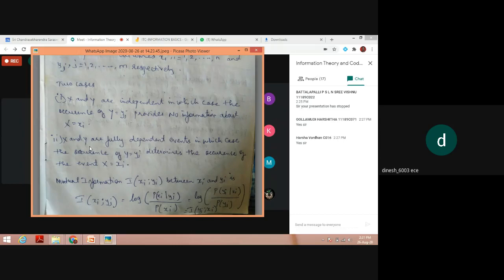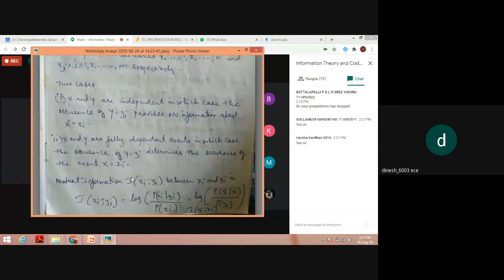X is giving information to y and y is giving information to x, or we can say that x and y are fully dependent. The meaning is that y knows some information about x and x knows some information about y. So here we need to determine the information. So how do we determine information? By this relation, which we call mutual information.